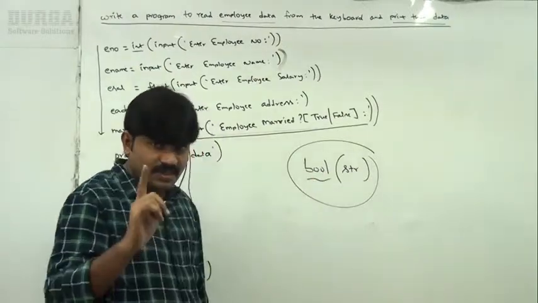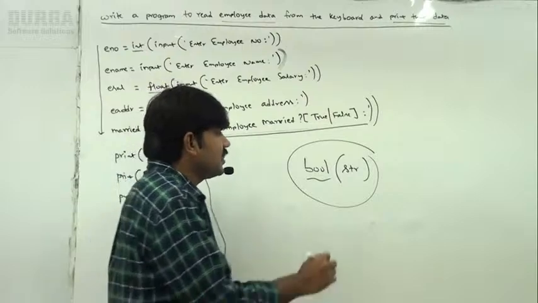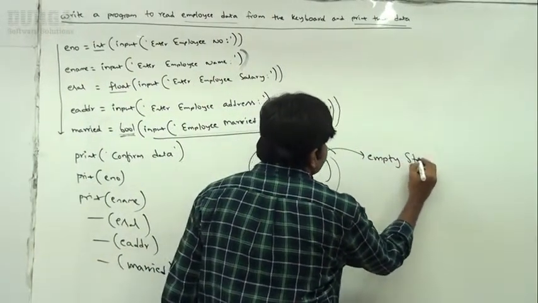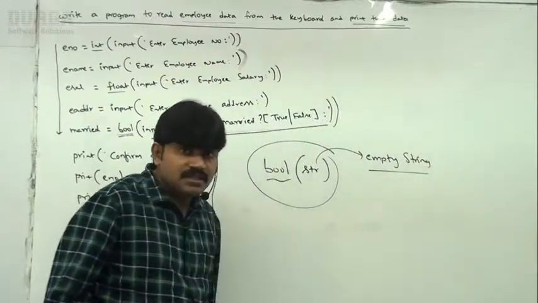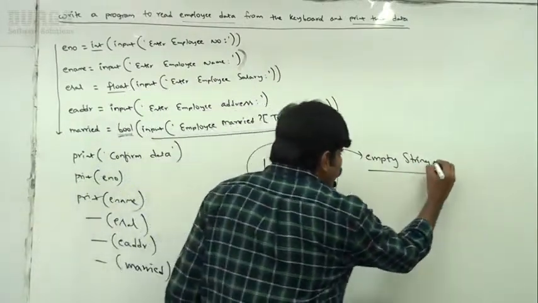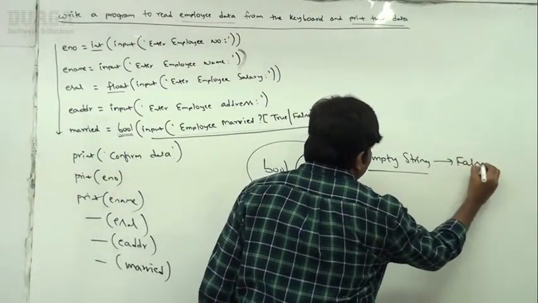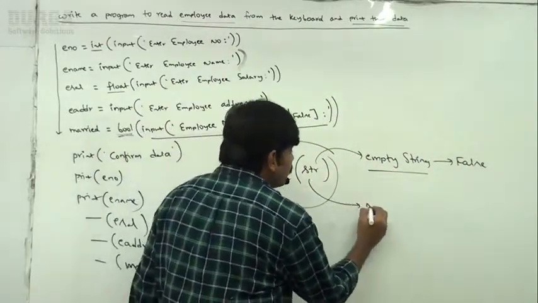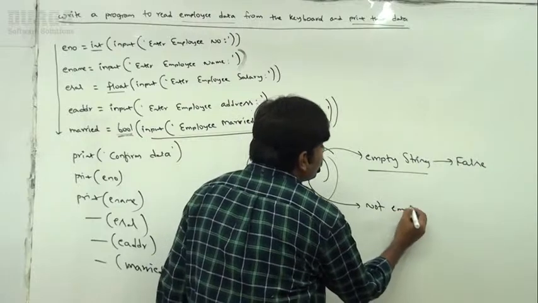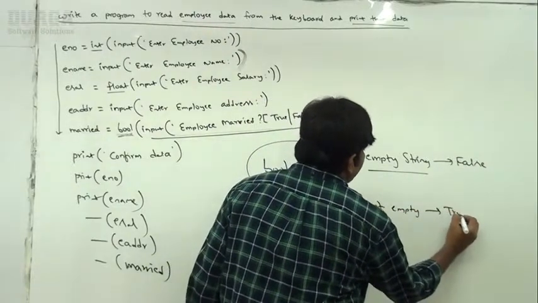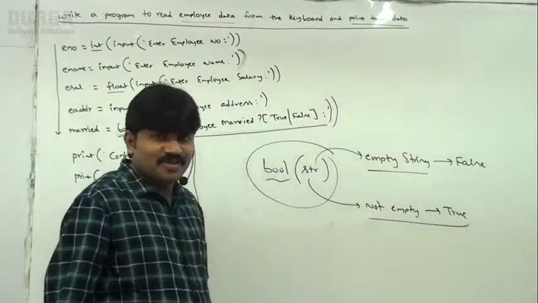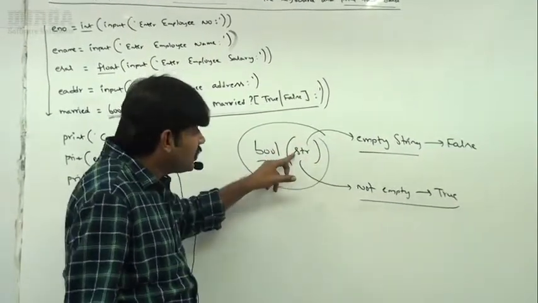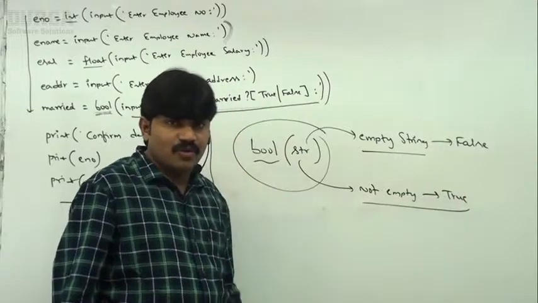If the str is an empty string, then only it is returned as false. If it is not empty, then it is always going to be considered true, sir. Remember this. If it is empty, then only it is considered false. If it is not empty, it is considered true.